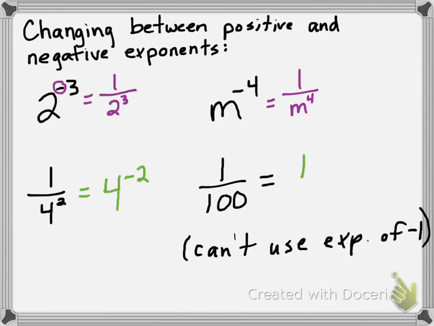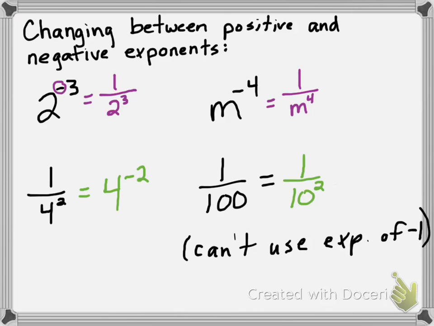So what I'm going to have to do is rewrite my fraction. I know that 100 can be written a different way, using a different exponent other than 1. So I'm going to rewrite it. I know that 100 is really just 10 to the second power.